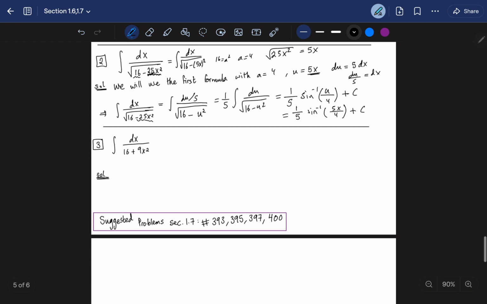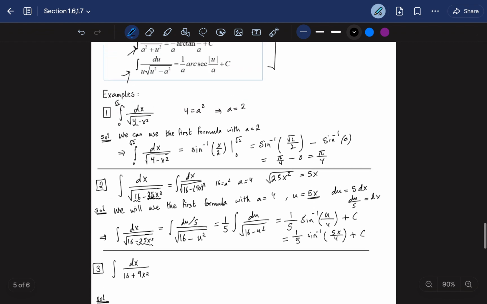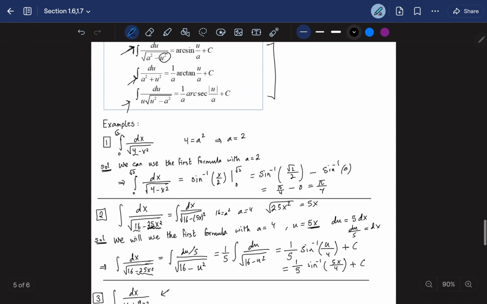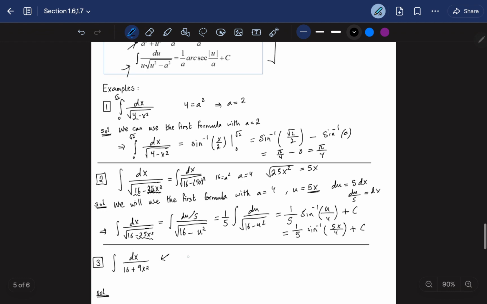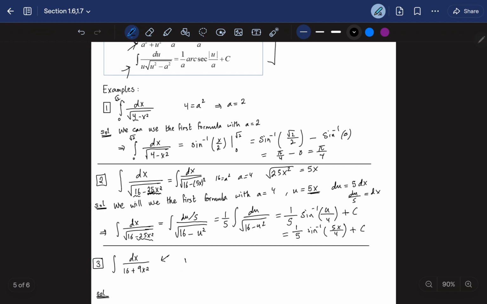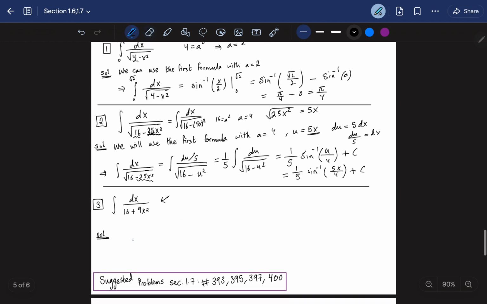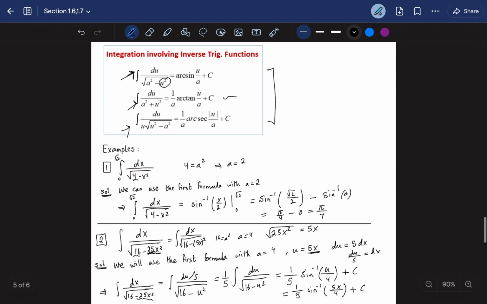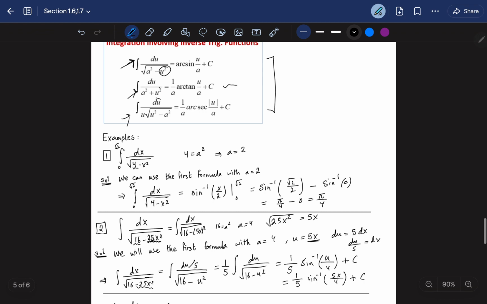And my final example here, if you look at this integral, it kind of looks like the second formula here. a squared is 16, then a is 4, and if you look at the formula, I have a u squared here.